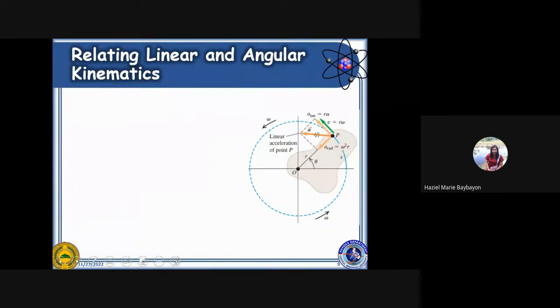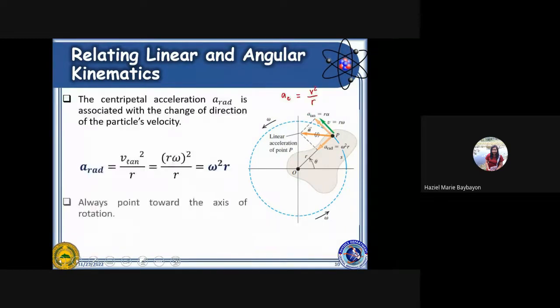So substituting R omega for V tangential, you have R omega squared divided by R. So you have here R squared omega squared divided by R. So cancel this and one R here. So we are left with omega squared R. Okay, so the radial or the centripetal acceleration is just equal to omega squared times R. Okay, so it is always pointing towards the axis of rotation.